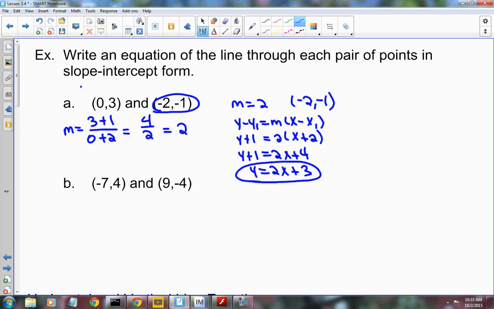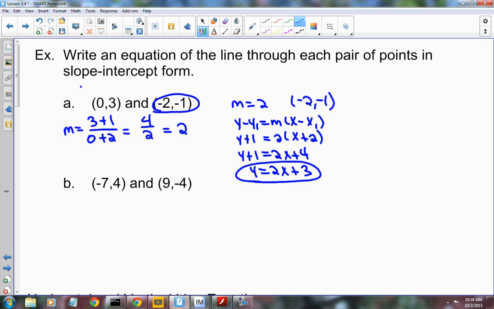Okay, I could have gone straight to y equals 2x plus 3 because I know the y-intercept, but I can only do that when it's 0 and the number, okay? The x has to be 0, and then you have the number. I couldn't have used this y, could I? Because that's not 3. And everybody tries to do that all the time, okay? You can only go straight to there when it's 0 comma the number, okay? It's the only time you can do that.